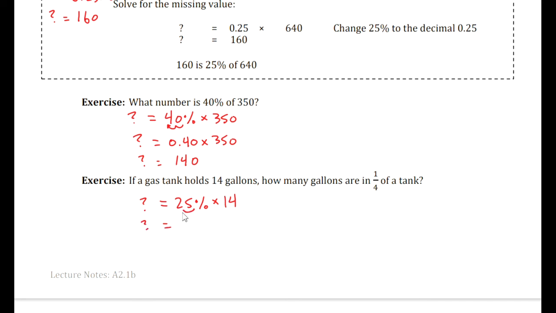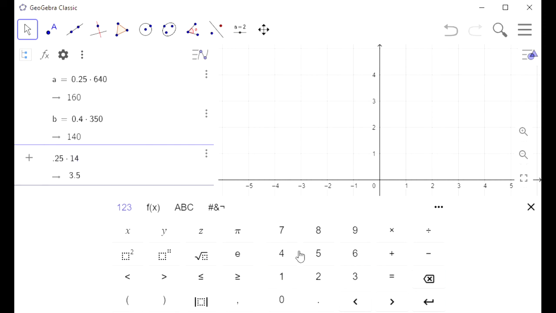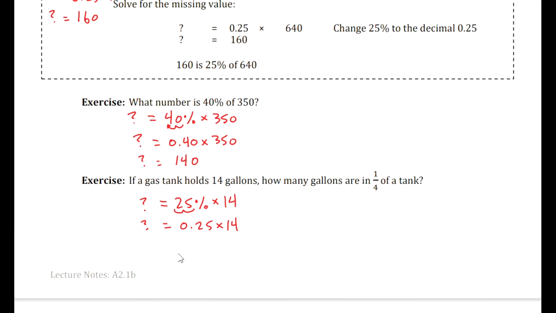So we change the 25% to 0.25 times 14. Opening up GeoGebra, we go 0.25 times 14, giving us 3.5 gallons. Always put units in if there are units specified. So if a gas tank holds 14 gallons, 3.5 gallons are in 1/4 of a tank.